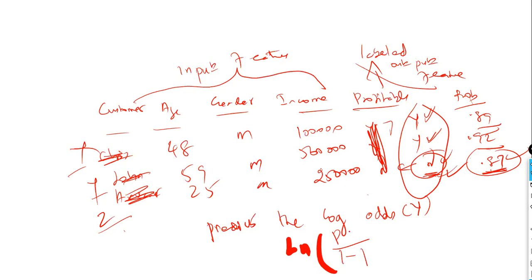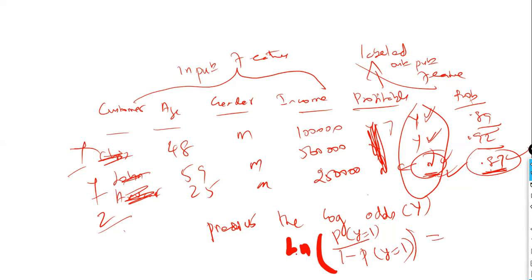So I say success is Y equal to 1. What we want to predict is the probability of success, and according to us, success is a profitable customer. So P is the probability of Y equal to 1, and subtracting it from 1 gives the probability of failure.